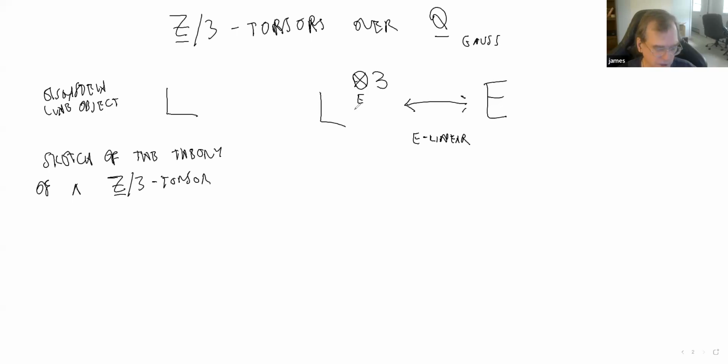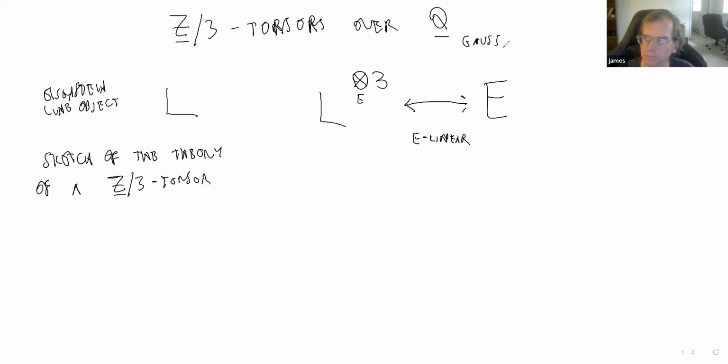A Z mod 3 torsor over a field that doesn't contain the primitive third roots of unity is going to work by geometrically pulling back by this sort of descent method, right? We're geometrically pulling back to the Eisenstein field, or algebraically pushing forward to the Eisenstein field.